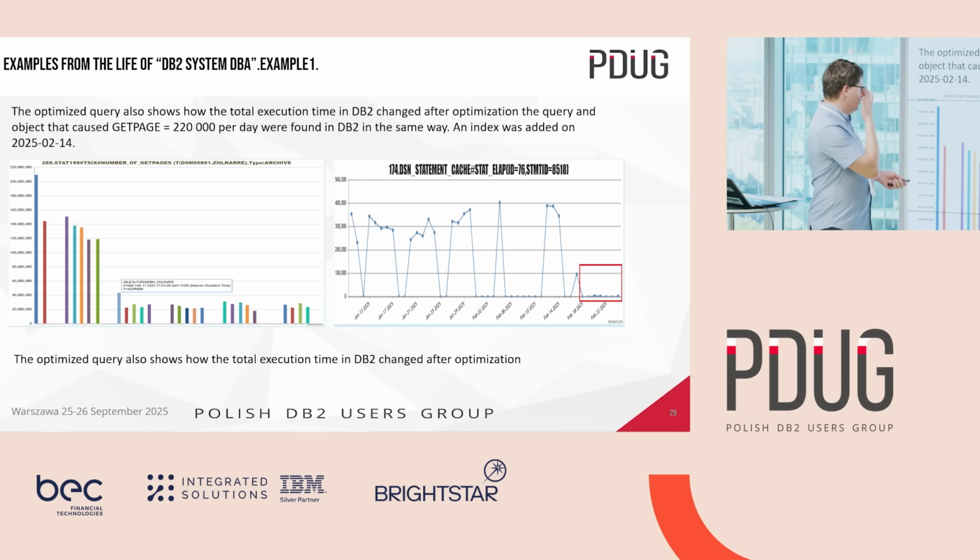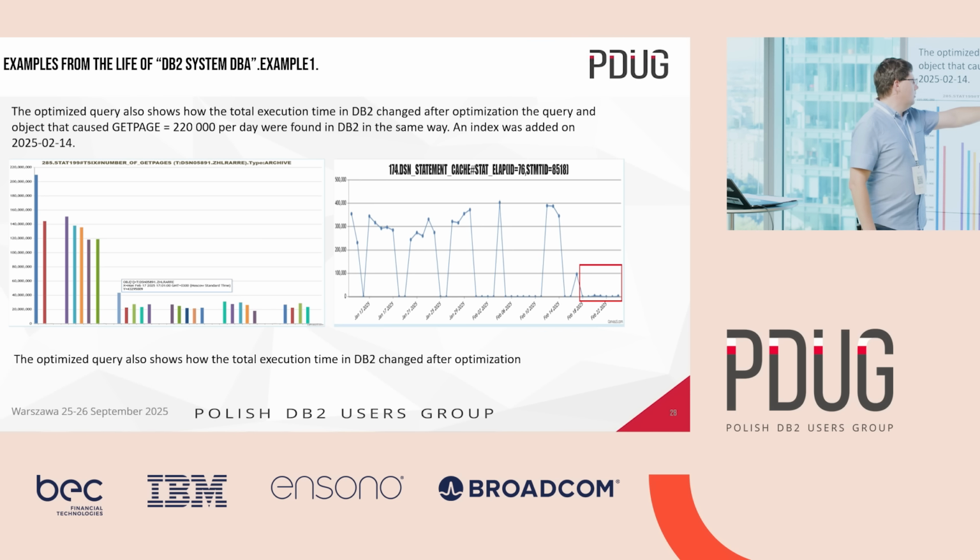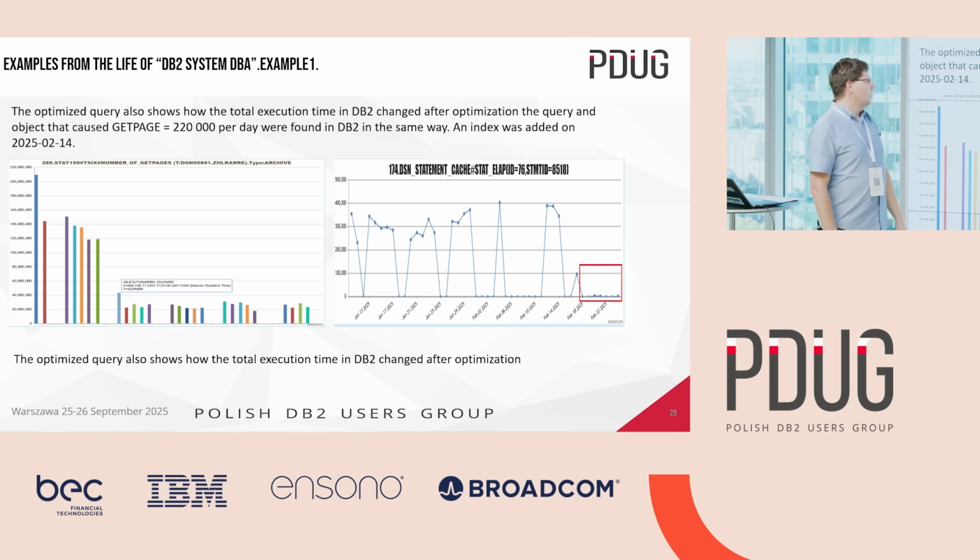For example, for one SQL, we detected a table space, DDL, and I built charts like type archive. It means for a long period of time, maybe because this chart has many points, they didn't show time.